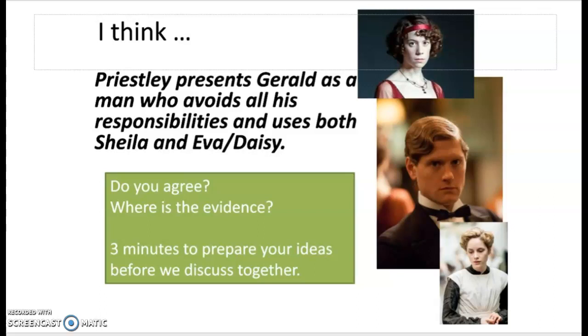He didn't really care. He'd got from her what he wanted, then he just forgot about her. So it's this idea he does definitely use her there, and he's not really taking responsibility. He seems to feel more sorry for himself after he's been interrogated than anything else. When he has to leave the house because he's upset about it, he's bringing that back to him rather than poor Daisy. So yeah, there's loads of things you could have had written down there.